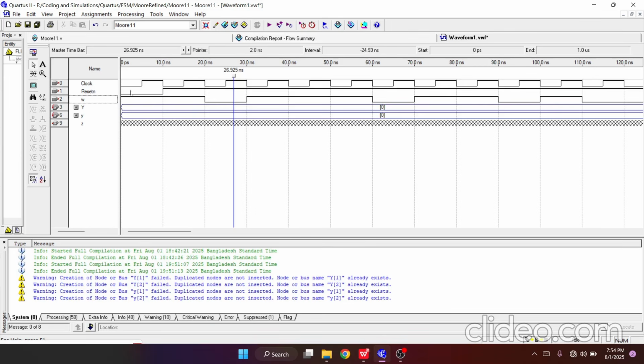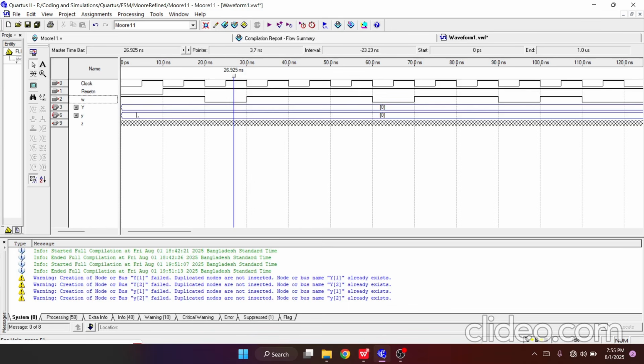For 0 to 10 it's 1, 10 to 20 it's 1, 20 to 30 it's 0, 30 to 40 it's 1. Since we are concerned with detecting the values at the positive edge of the clock, you have to maintain the W value for one whole clock period so that we can get its value at the positive edge of the clock.